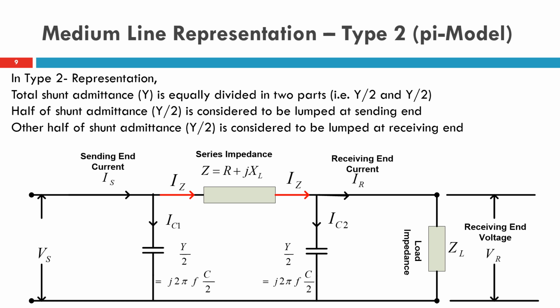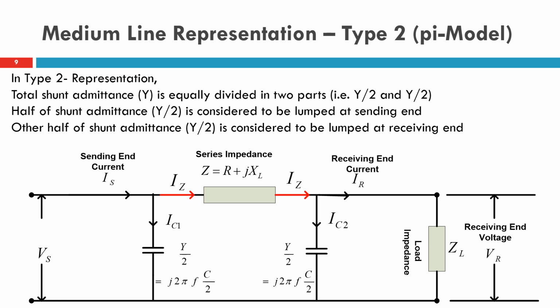That means one part is Y by 2 and another part is Y by 2. So this half of the shunt admittance, Y by 2, is considered to be lumped at the sending end, whereas the other half, Y by 2, is considered to be lumped at the receiving end.